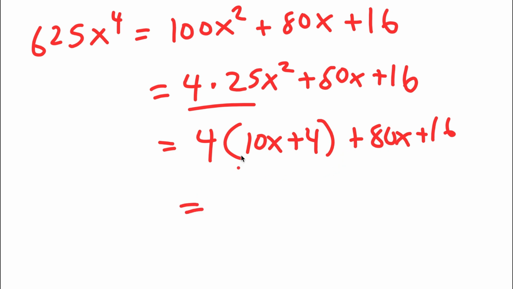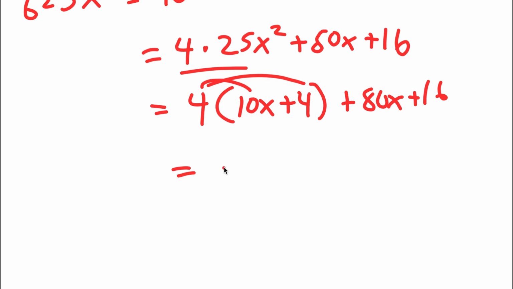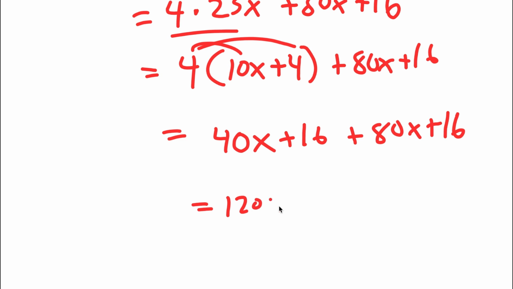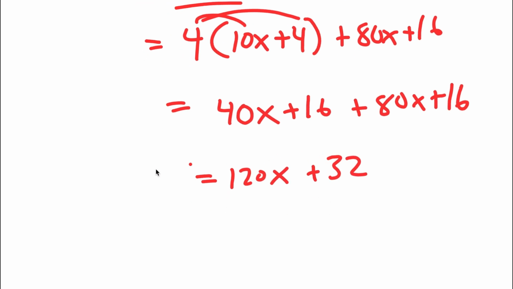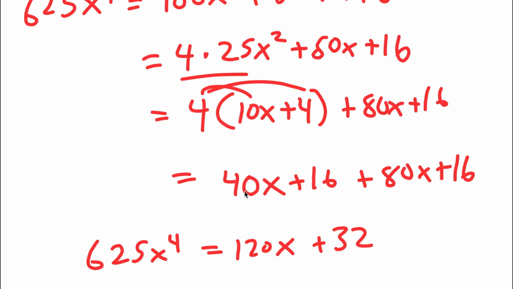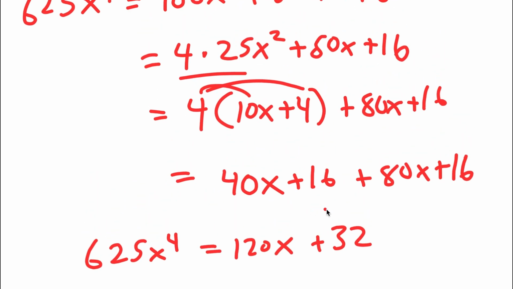So now this turns into 40x plus 16 plus 80x plus 16, which is equal to 120x plus 32. So 625x to the power of 4 is equal to 120x plus 32.